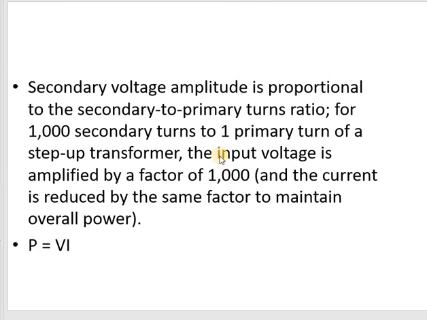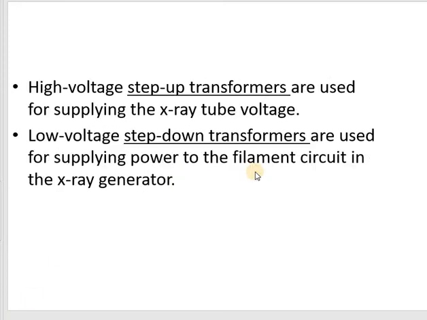If the example is as displayed here, 1 turn at the primary and 1000 at the secondary, the voltage supply is multiplied by 1000. So it can be used either way. If you have 1000 turns at the primary coil and 200 turns at the secondary coil, then you would have a reduced voltage at the secondary circuit.